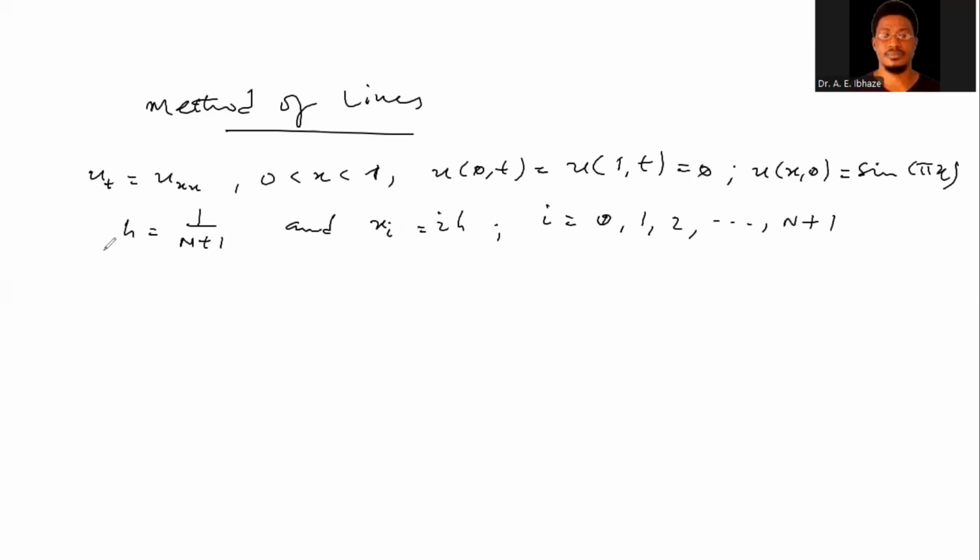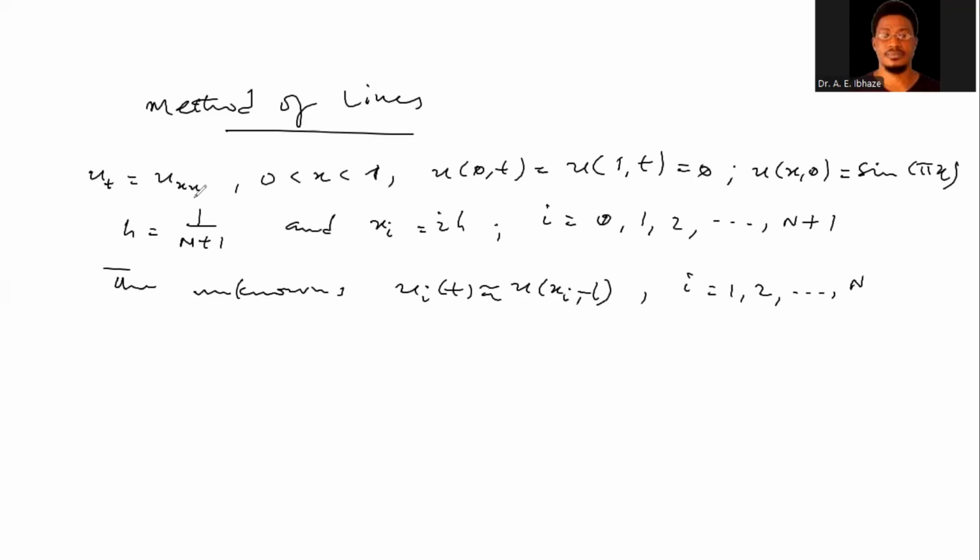So the unknowns are therefore u sub i of t being approximately u of s sub i, t for all values of i being 1, 2, all the way to n. Okay? So with this, we can now approximate the second derivative using the central difference approximation for u_xx. So here we are considering the second derivative of the partial differential equation.